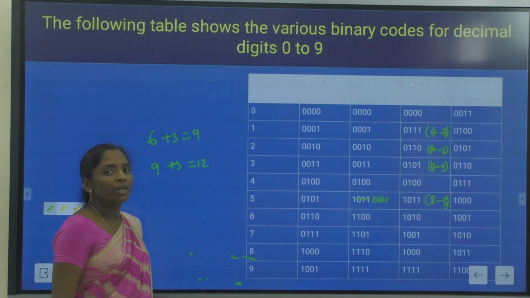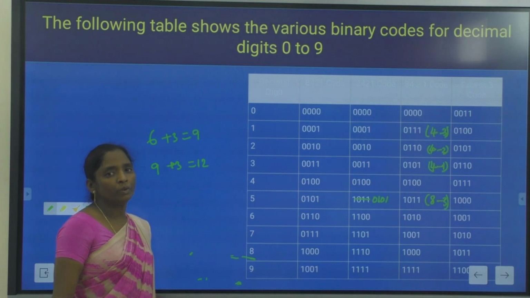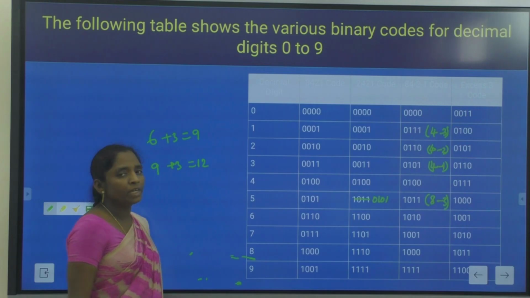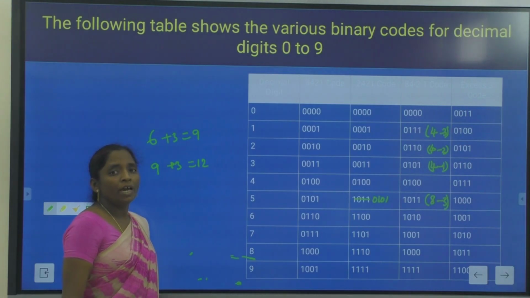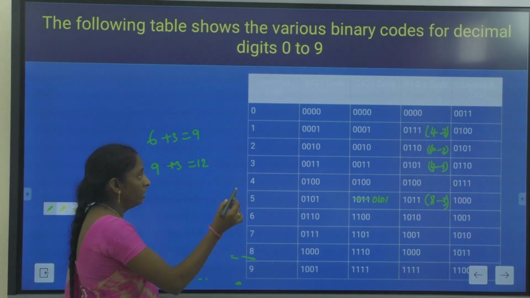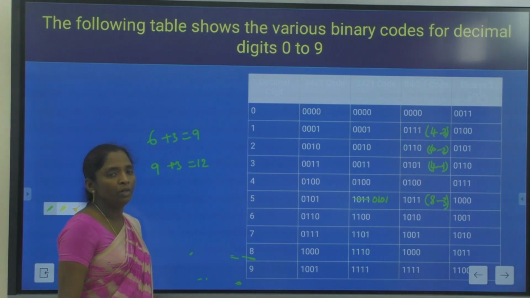So what we are doing here is adding 3 to the BCD 8421 code. So the XS3 code is a modified BCD code, and it is a self-complementing code. XS3 code equals 8421 code plus 3.